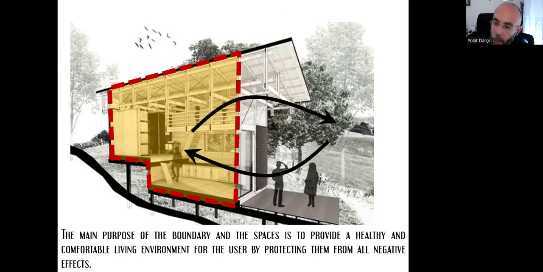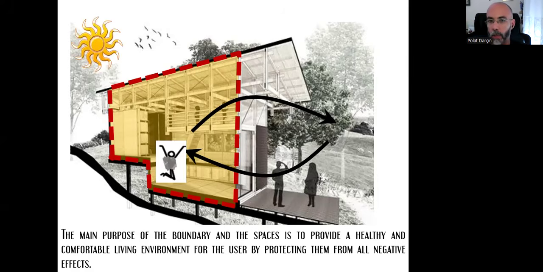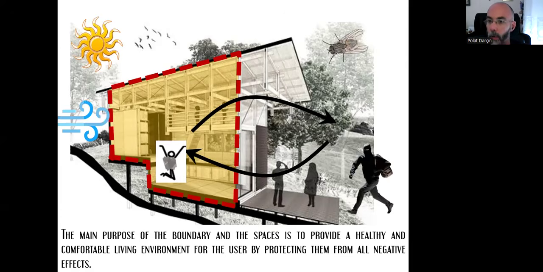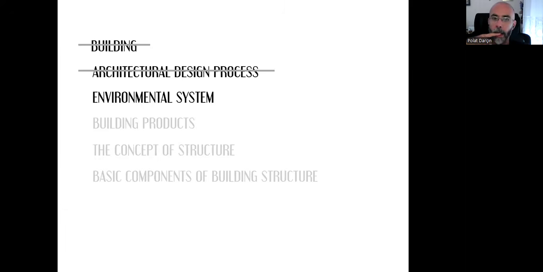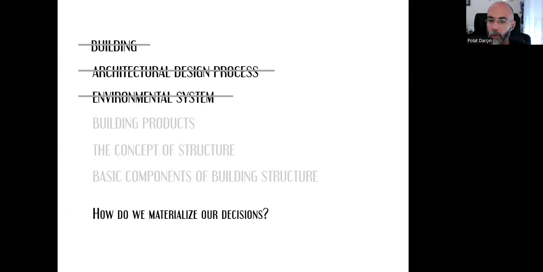It needs to protect the user from all the negative features: the sun rays, the wind, wild animals, insects, burglars, etc., or noise. So we covered the environmental system, but how do we materialize our decisions?